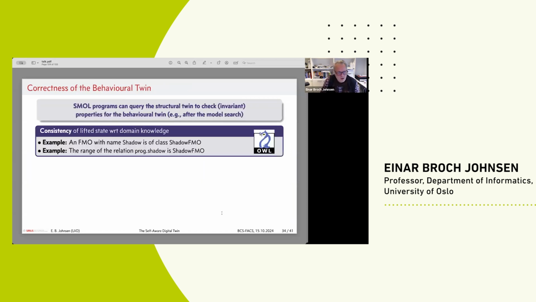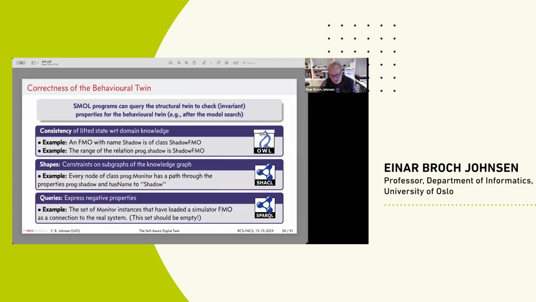So we have seen that we can use various kinds of inductive reasoning techniques or inferences over the knowledge graph to ask questions about the digital twin.